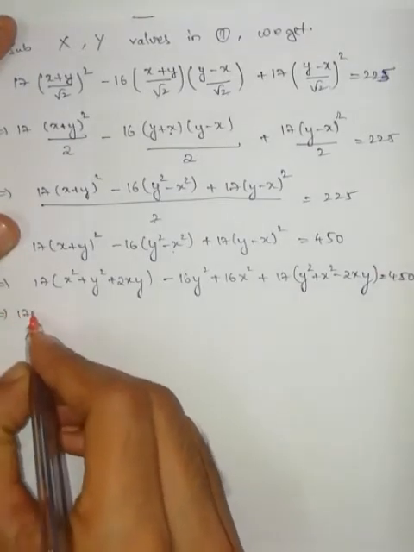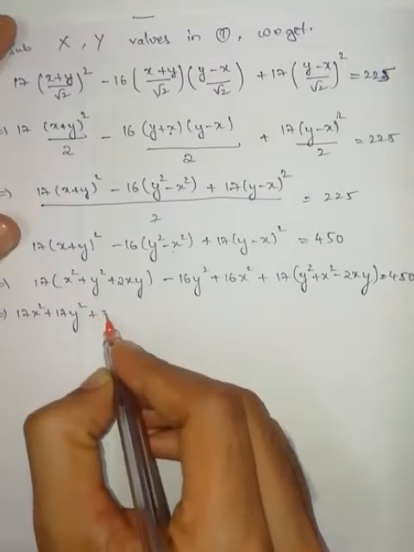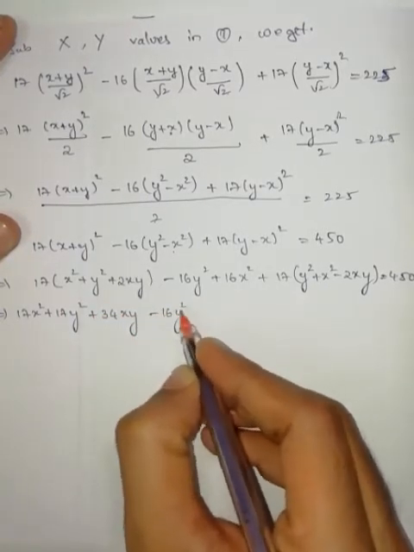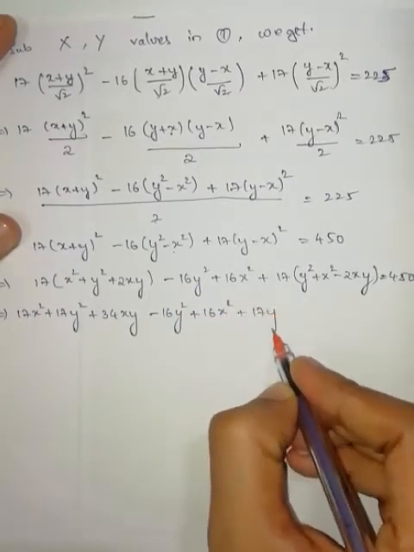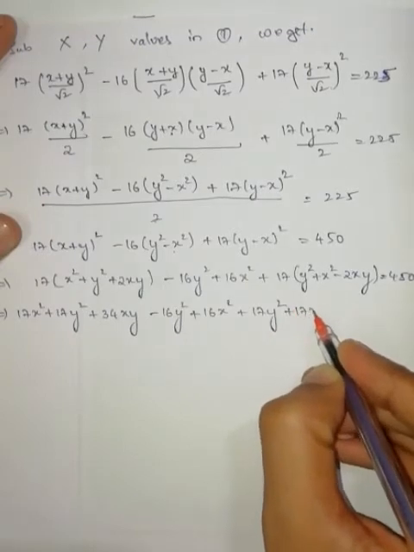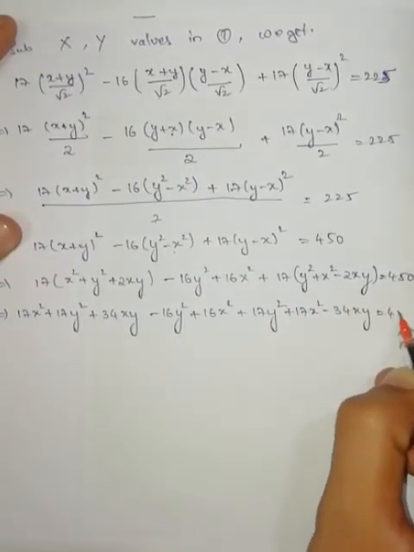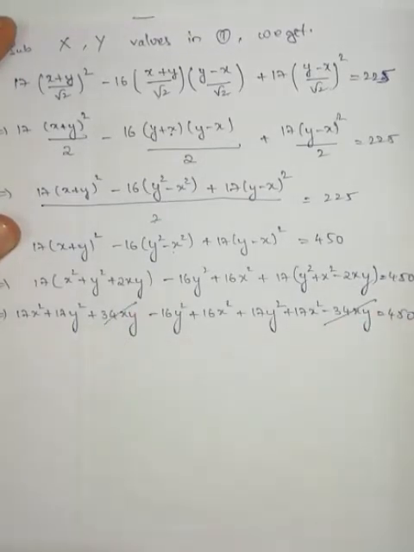This implies 17x² plus 17y² plus 34xy minus 16y² plus 16x² plus 17y² plus 17x² minus 34xy is equal to 450. Minus 34xy and plus 34xy get cancelled.